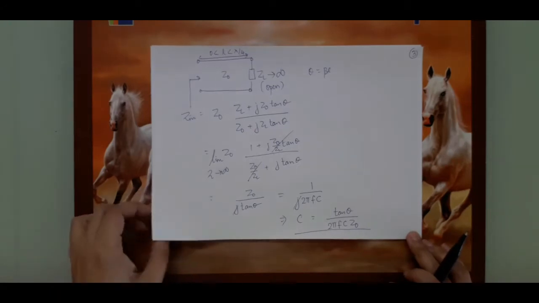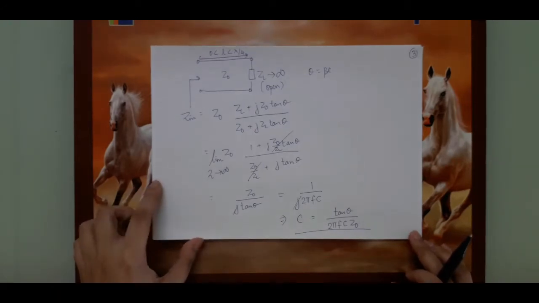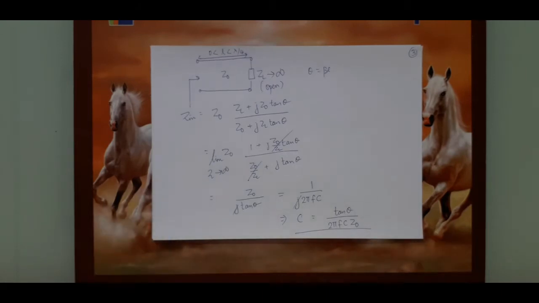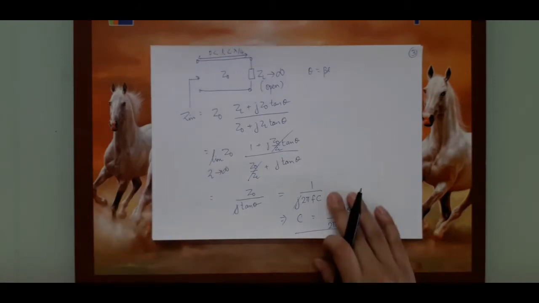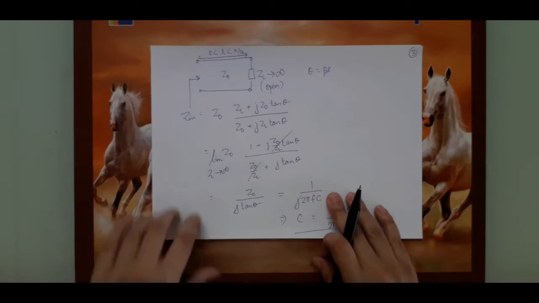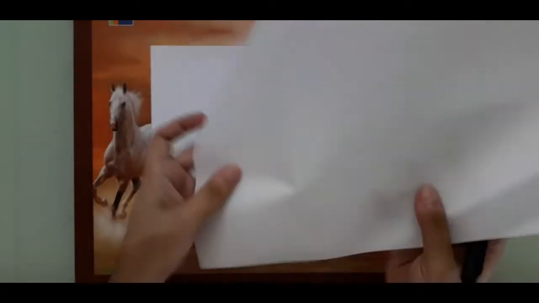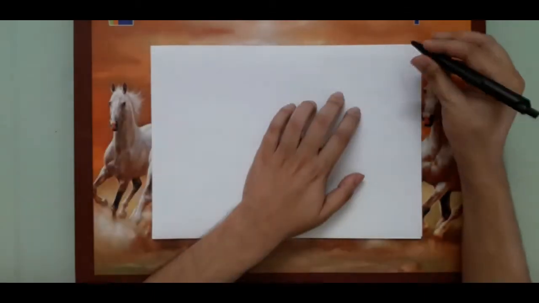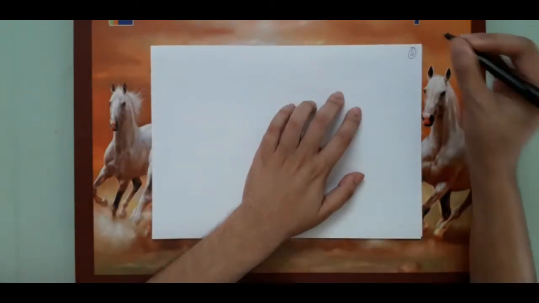Now we saw one application of a transmission line, and that is a rather useful one, where you can actually realize inductors and capacitors using transmission line. Now let us look at the other application.